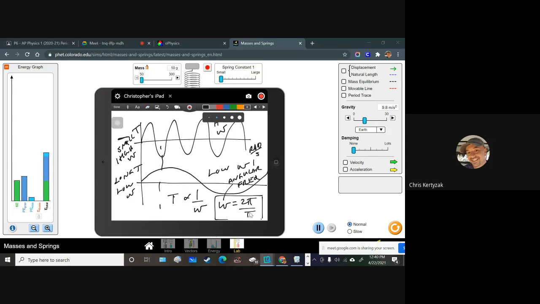That means this spot right here would be the 1 second mark, because this that I'm coloring in would be 1 full cycle. On the other hand, if the period was like 4 seconds and I put 2 pi over 4, well, 2 and the 4, that'd be pi over 2, right?